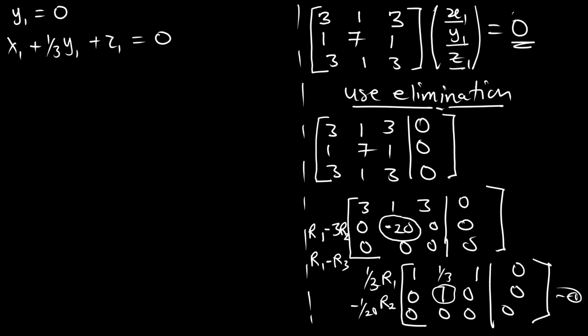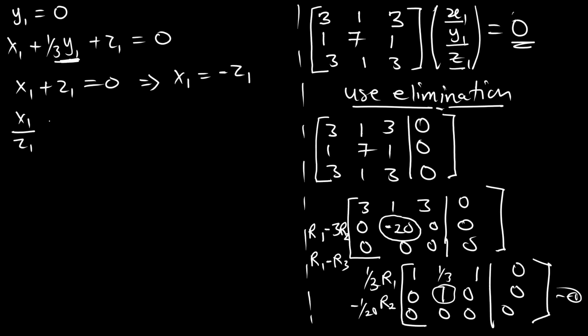We already know the value for y1, which is 0. So once you put in the value of y to be 0 here, you're going to get x1 plus z1 is equal to 0.